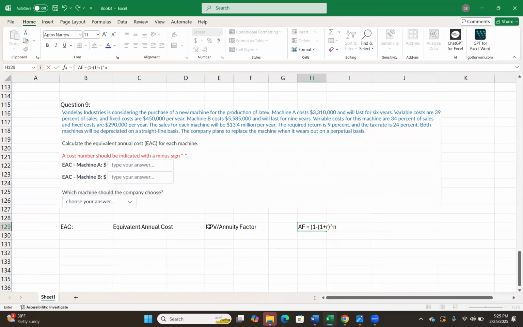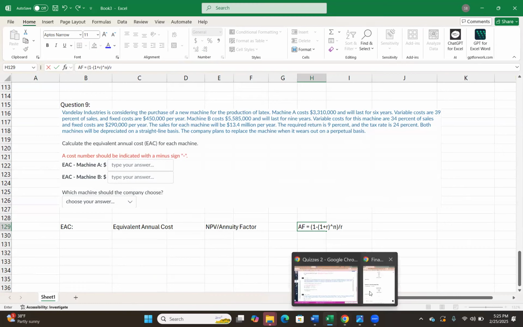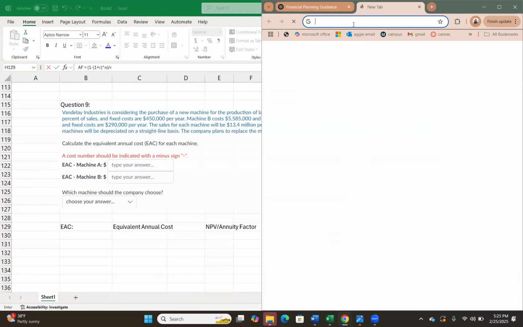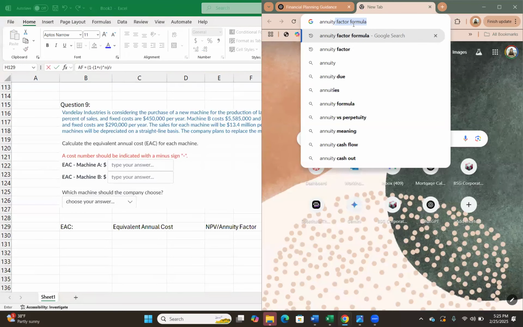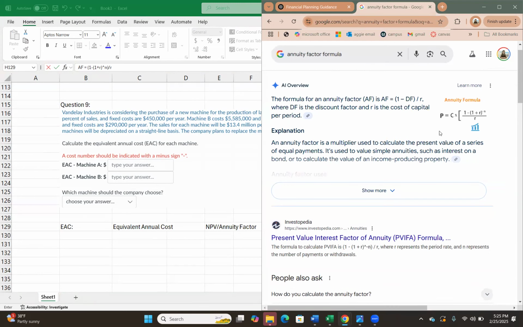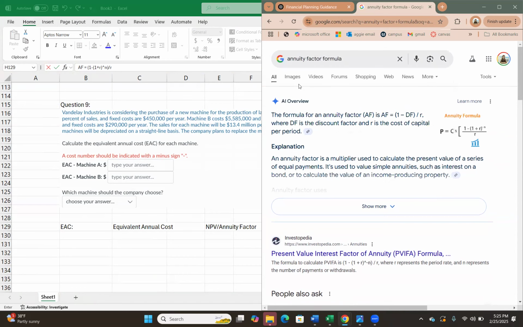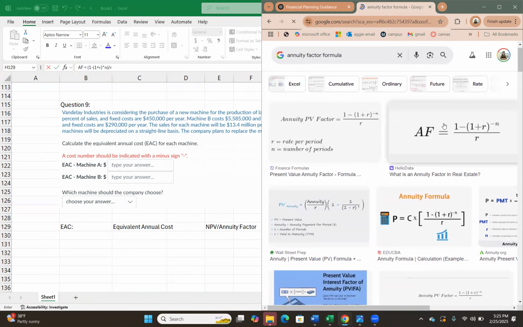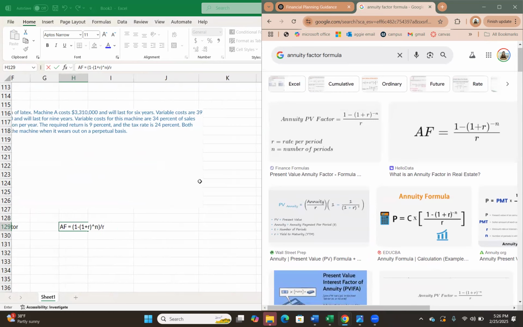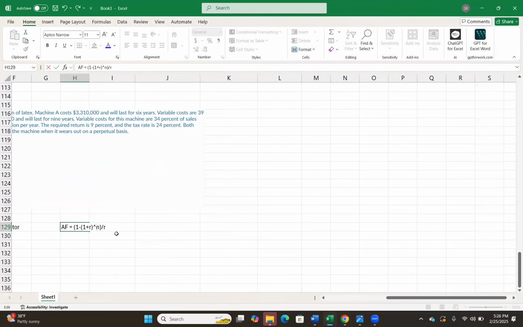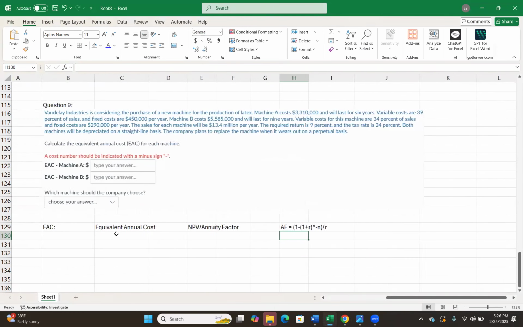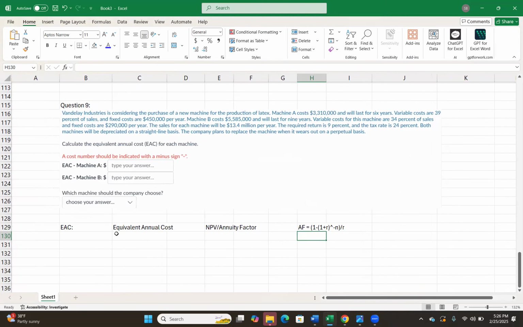Might be negative N. Let's see, annuity factor formula. Right there. Oh, yep, it's to the negative N. Sorry, everyone. Okay, so now we've got all the formulas we need for this question.